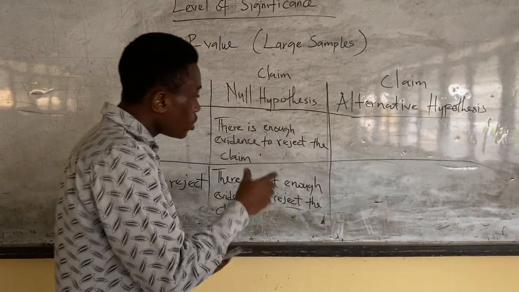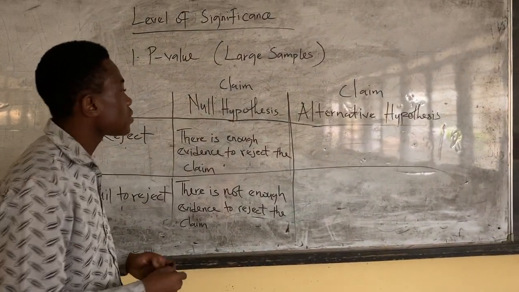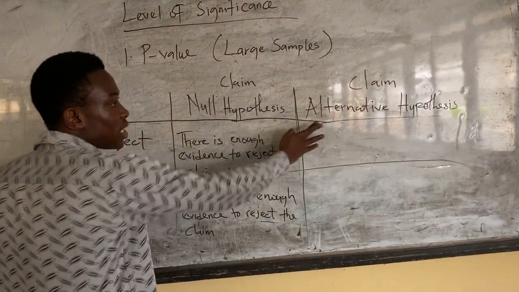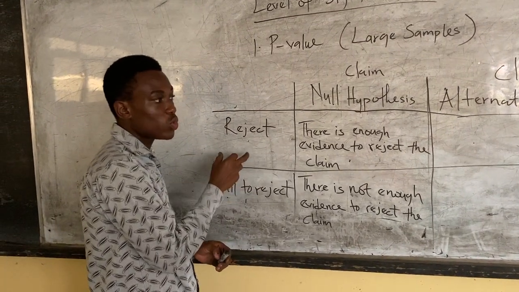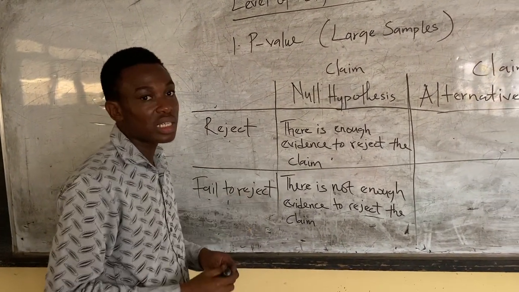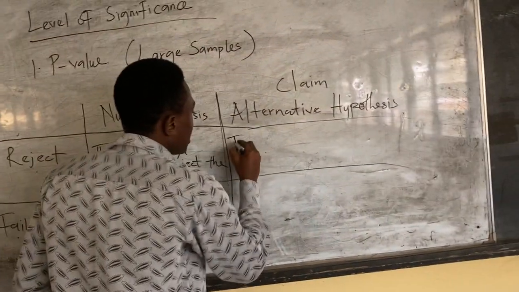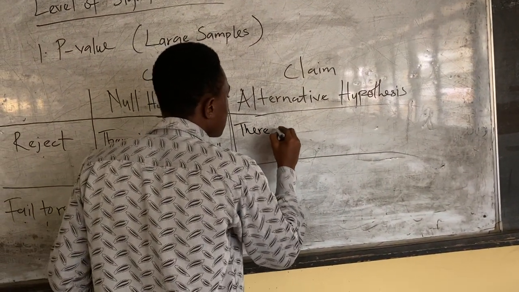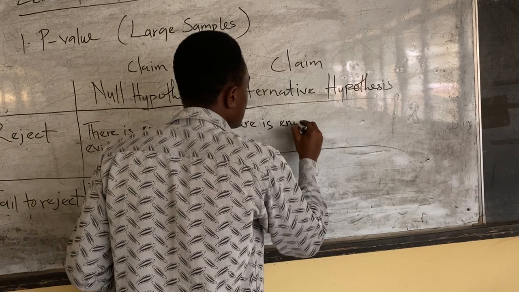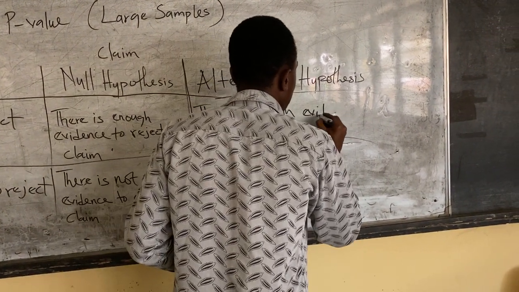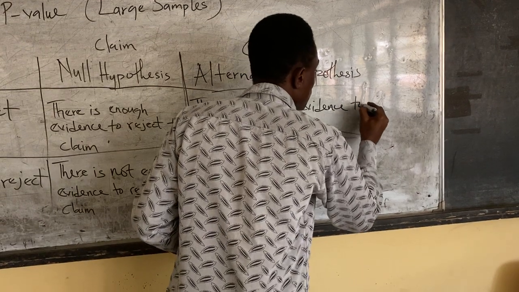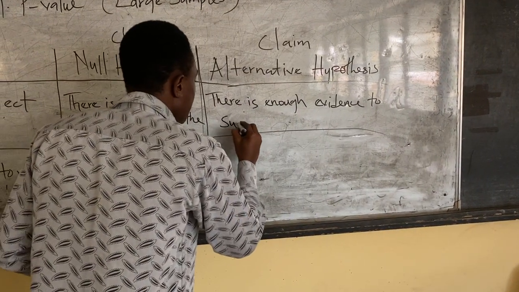Now, when we come to the alternative hypothesis, when your claim is an alternative hypothesis and your decision rule is to reject, then your final decision is there is enough evidence to support the claim.